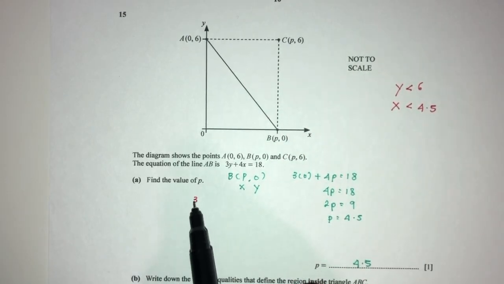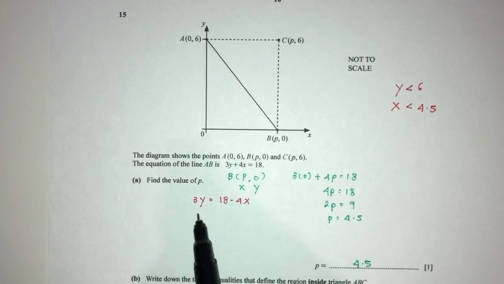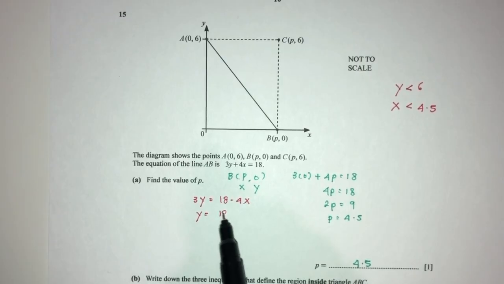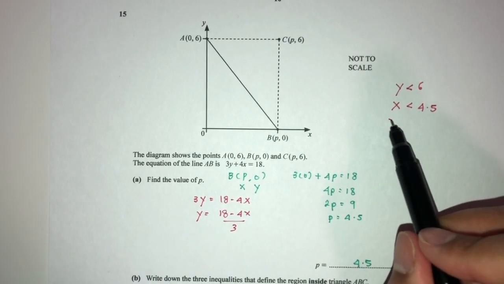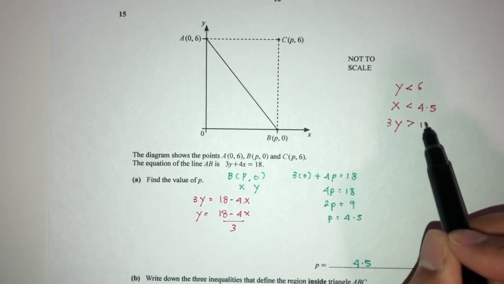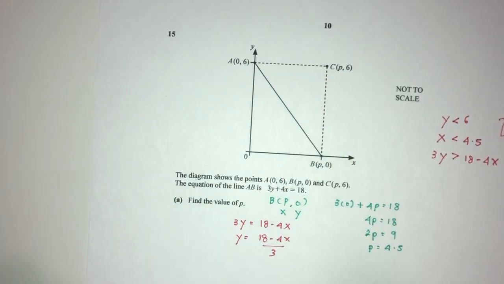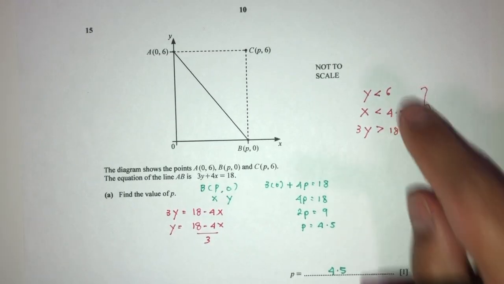You will have 3Y equal to 18 minus 4x. If you want to write that, you can write 3Y has to be more than 18 minus 4x. So these will be the 3 inequalities that define the region inside of the triangle. That's why we don't have equal signs over here.